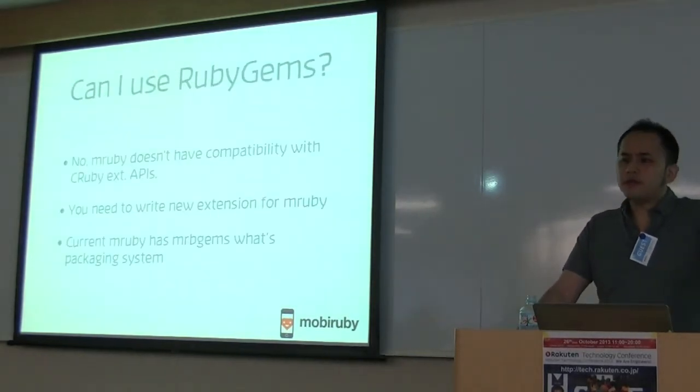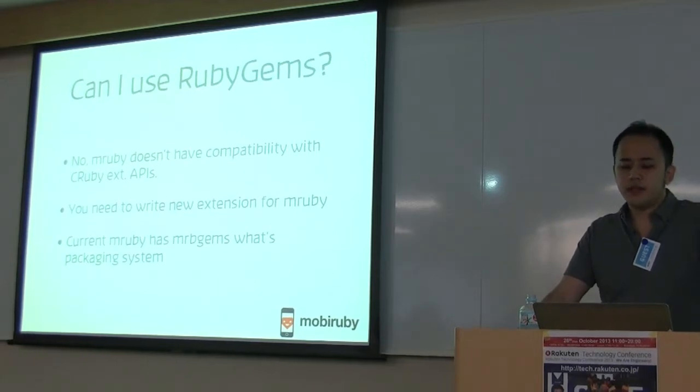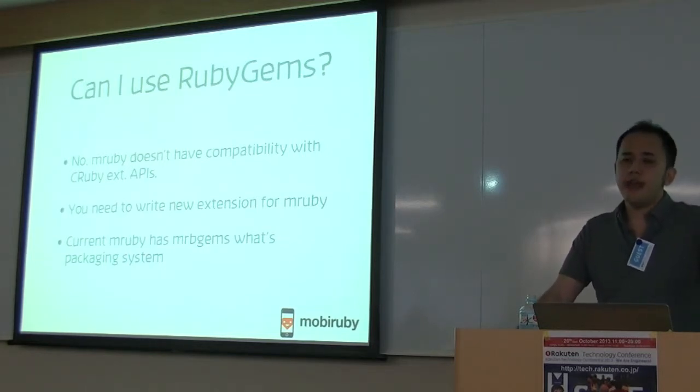And a lot of people have a question: can I use Ruby gems, can I use C Ruby and existing Ruby extensions? No, mruby does not have compatibility with C Ruby extension APIs, and Matz said he doesn't have a plan for a compatibility layer for mruby.